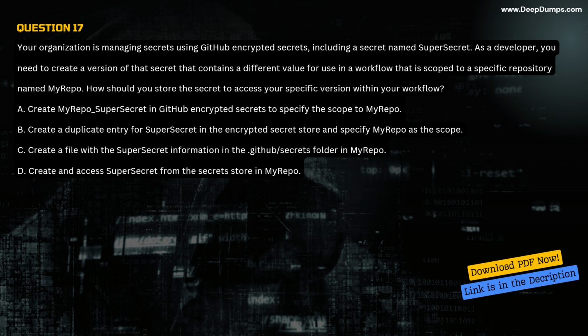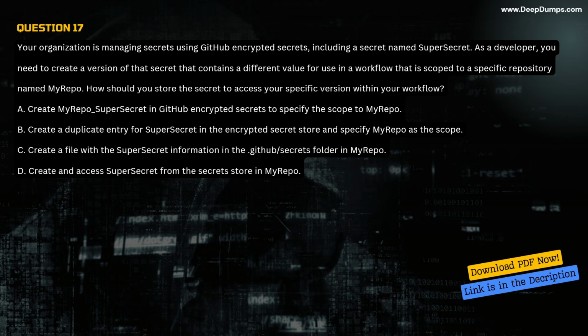A. Create myrepo_supersecret in GitHub encrypted secrets to specify the scope to myrepo. B. Create a duplicate entry for supersecret in the encrypted secrets store and specify myrepo as the scope. C. Create a file with the supersecret information in the .github/secrets folder in myrepo.